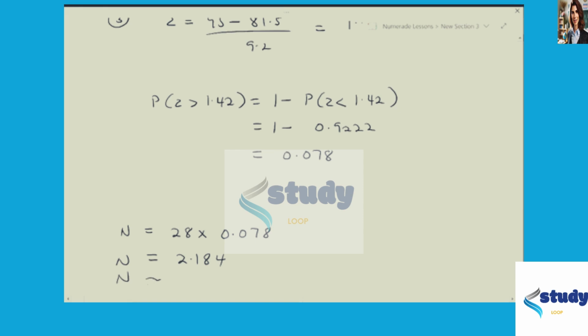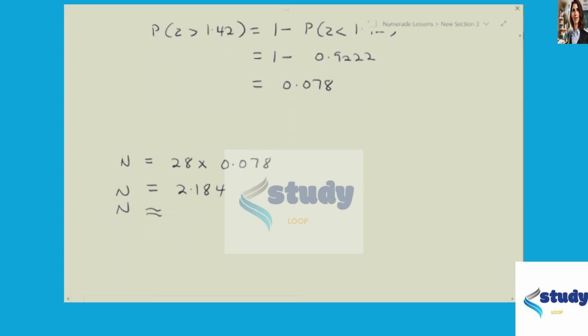But we are looking at the whole number since we are talking of people. So to the nearest whole number, that is 2. So 2 people had more than 95.